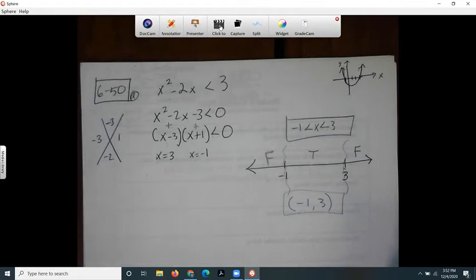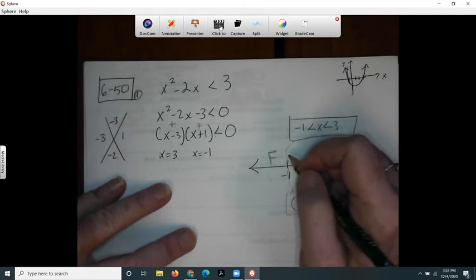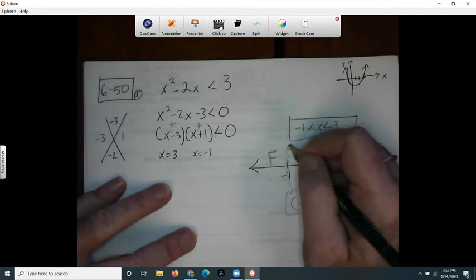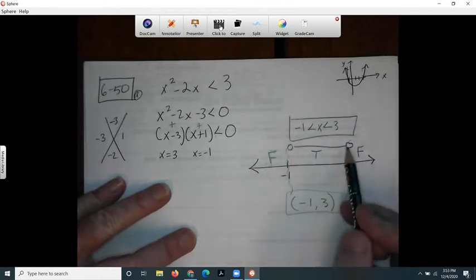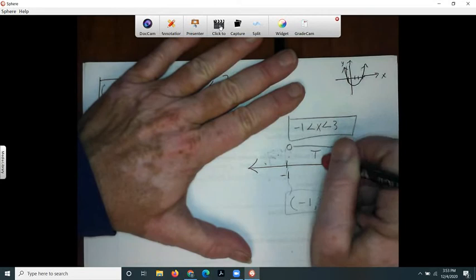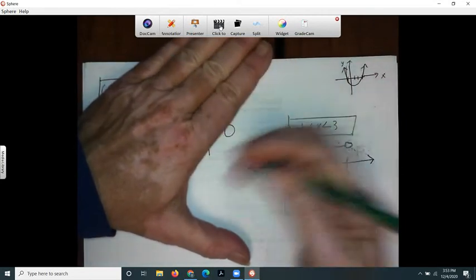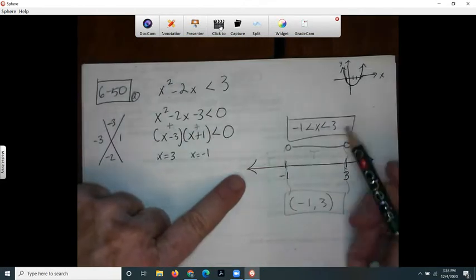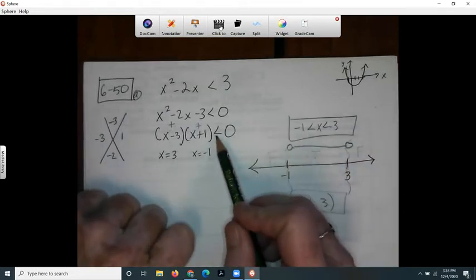Oh yeah, I have to mark it on the number line. So maybe get rid of some of these extra lines. You have a number line, and then a -1 and a 3. I left these as open circles because I didn't have the equal sign there.